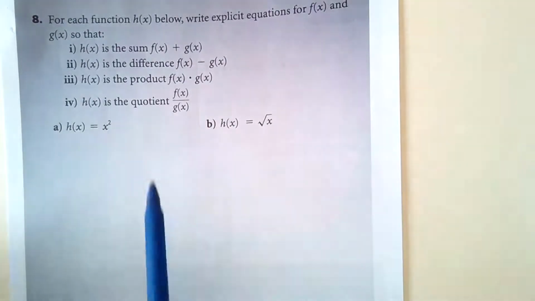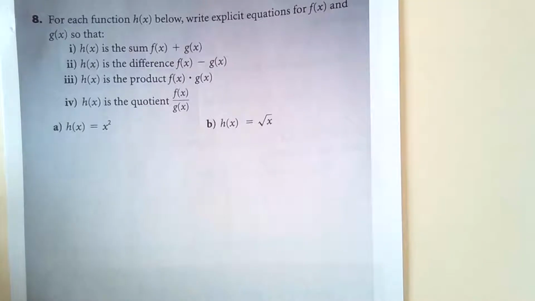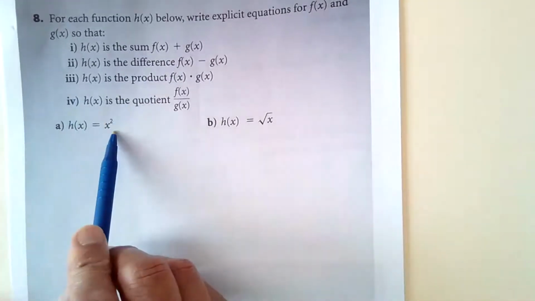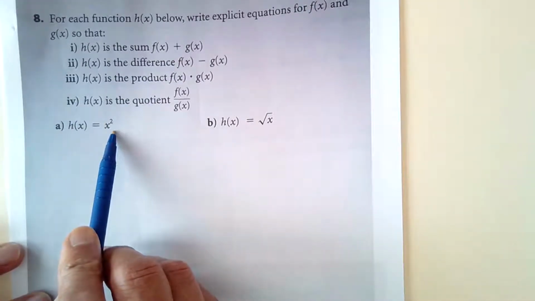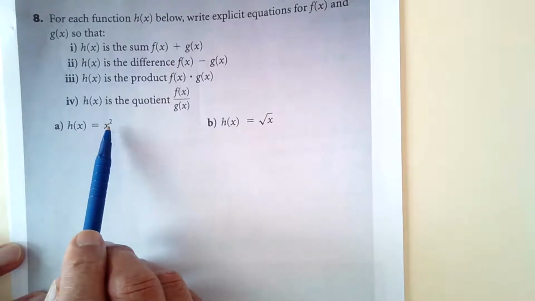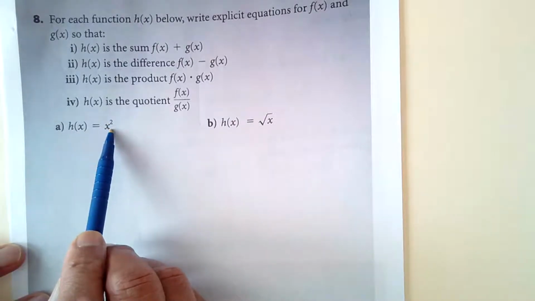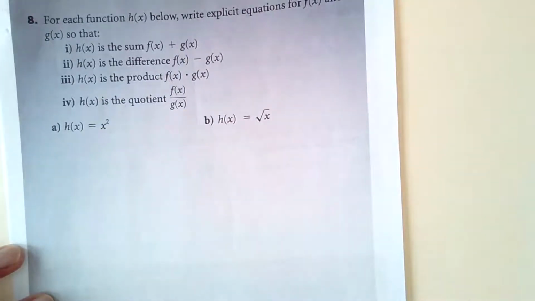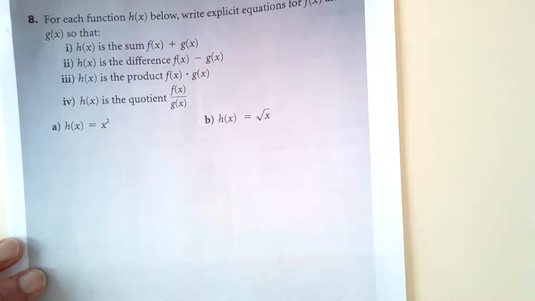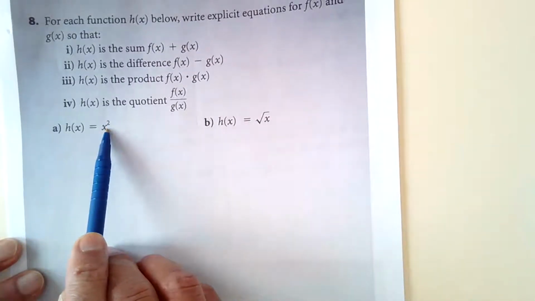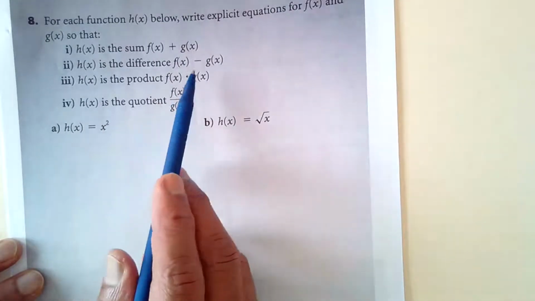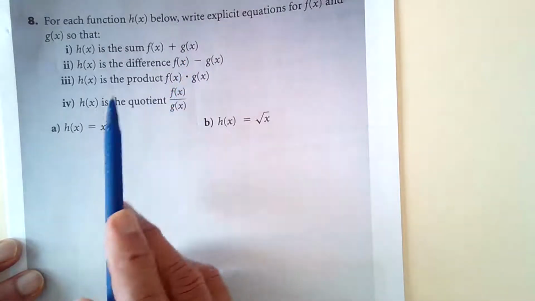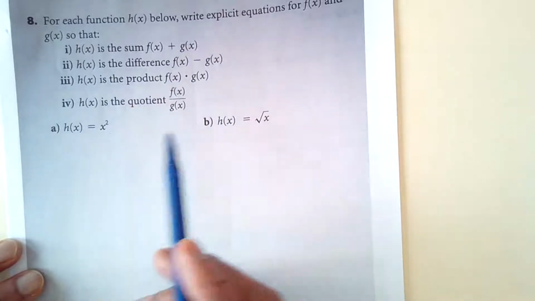So we have x squared, and we have to change x squared into 2 functions, but still maintain the composite as x squared. The easiest way to do this is to make f of x as x squared, and then subtract or add g of x, or multiply by it.